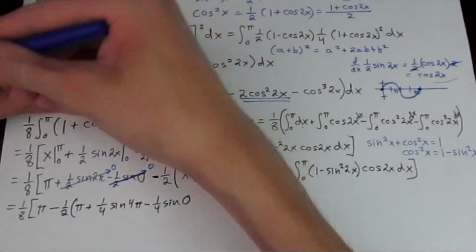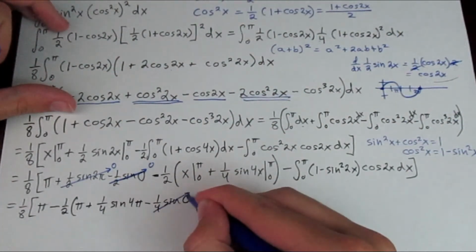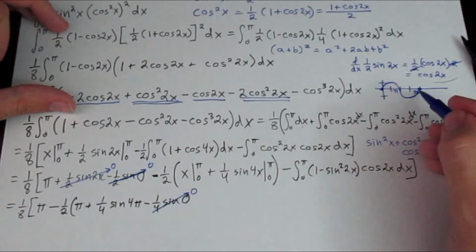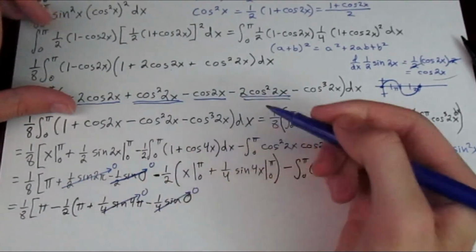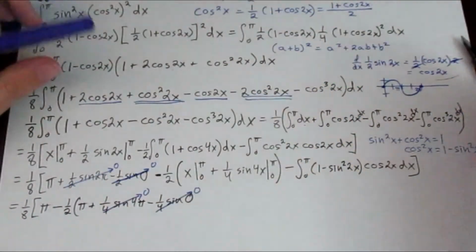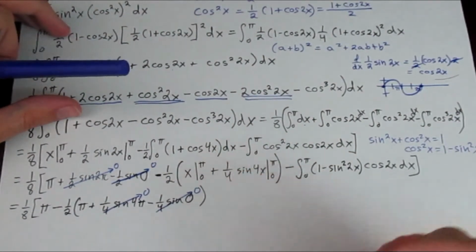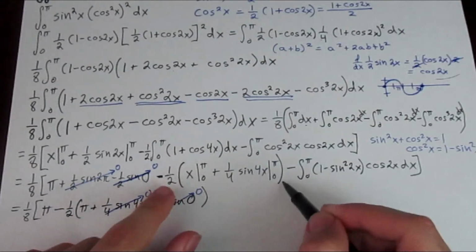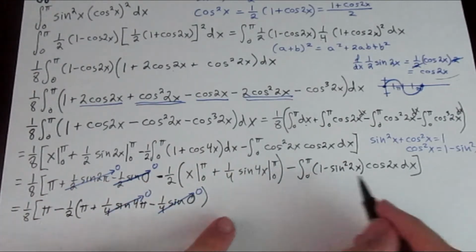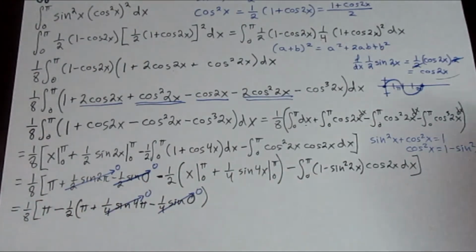And of course, recall that this is 0. And if we keep going, we would note that sine of 4 pi is also 0. And so that takes care of this. And then we subtract it by that.